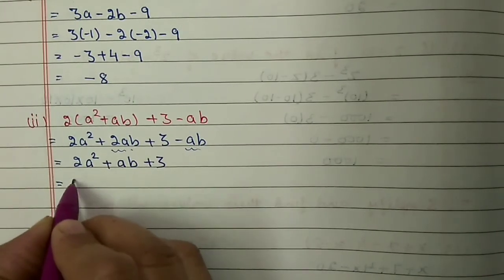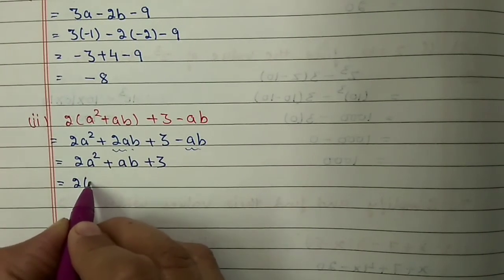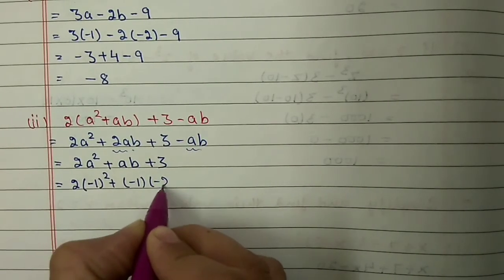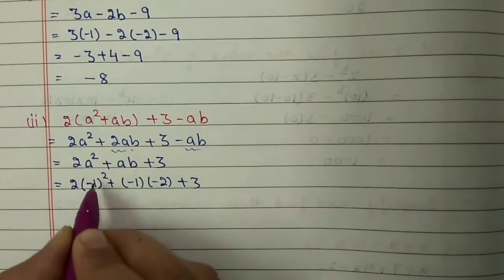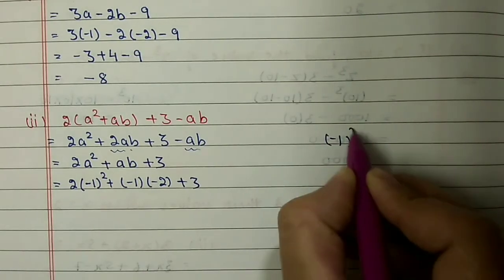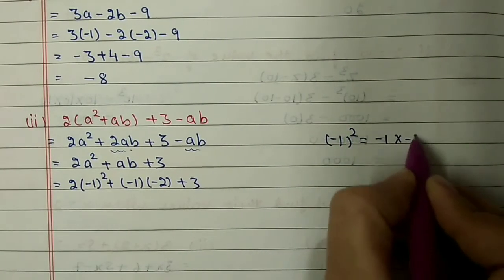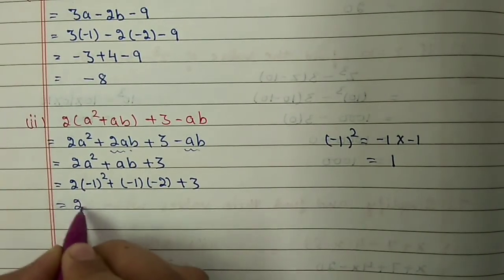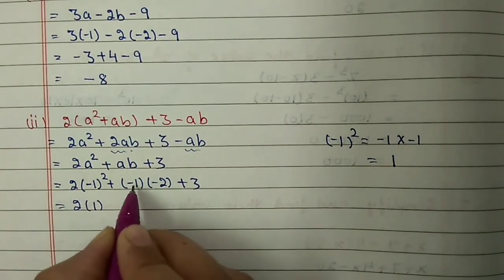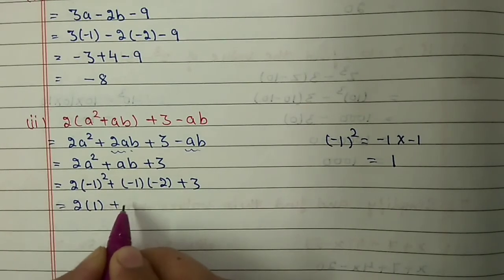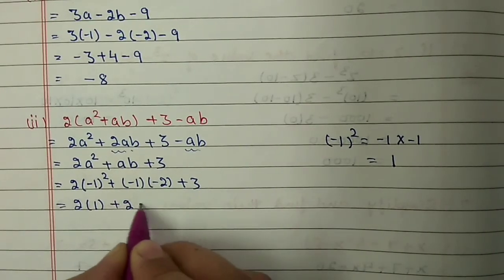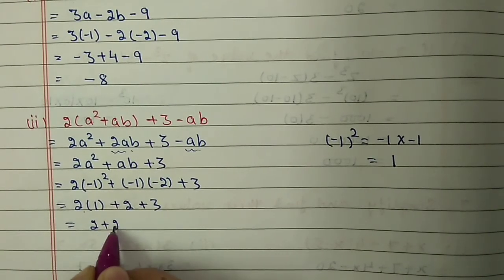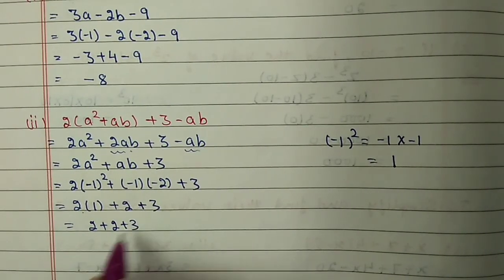Now substitute values. 2, a value is minus 1, whole square, then minus 1 into minus 2 plus 3. Minus 1 whole square means minus 1 into minus 1, which is equal to plus 1. So it will become 2 into 1, and minus 1 into minus 2 will become plus 2, and plus 3 as it is. So 2 into 1 is 2 plus 2 plus 3. 4, and 4 plus 3, 7.